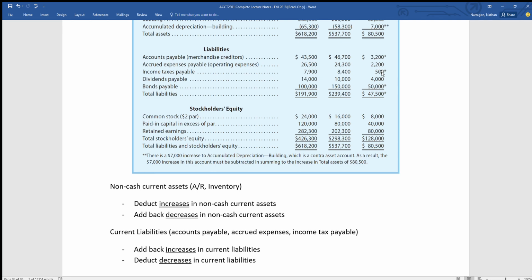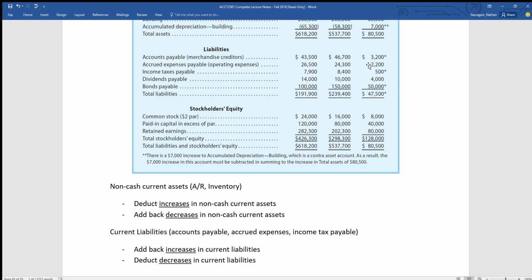If they increase, like our accrued expenses, we need to add back that increase. It's showing that we have more cash that we accrued, so we haven't actually paid the cash yet, so we need to increase our income, while we need to deduct any decreases.